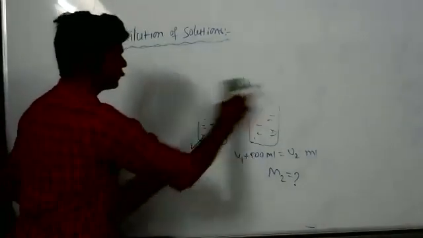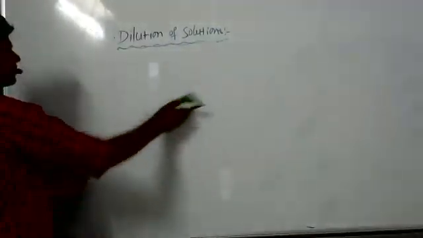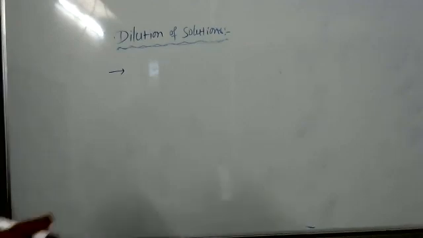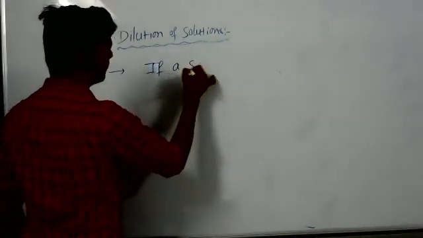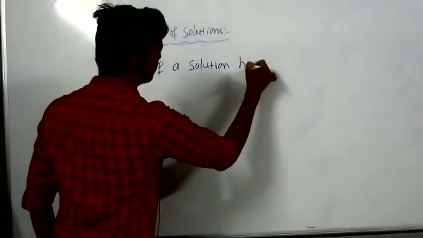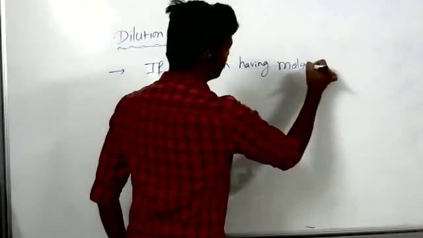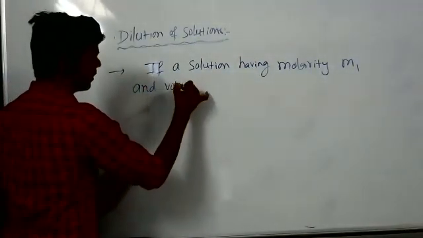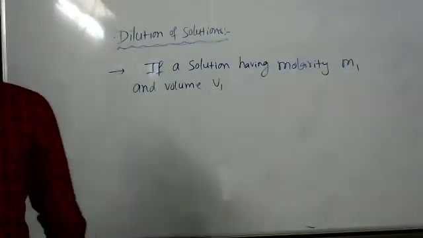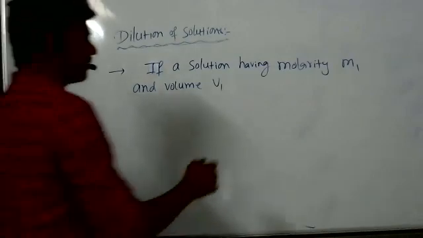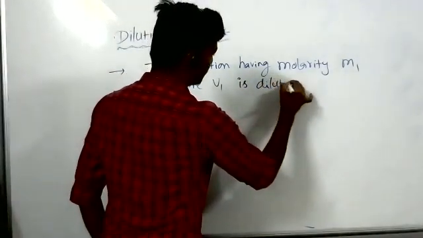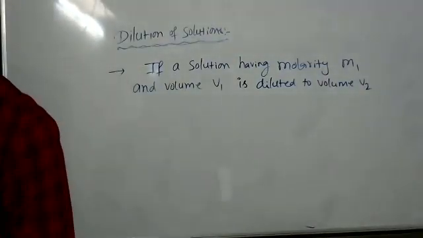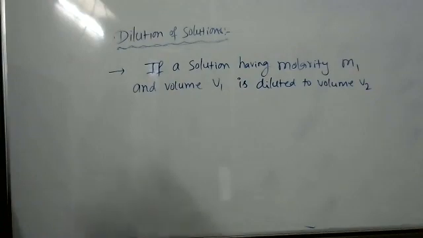Okay, right, first one. If a solution having molarity M1 and volume V1 is diluted to volume V2 so that the new molarity is M2.